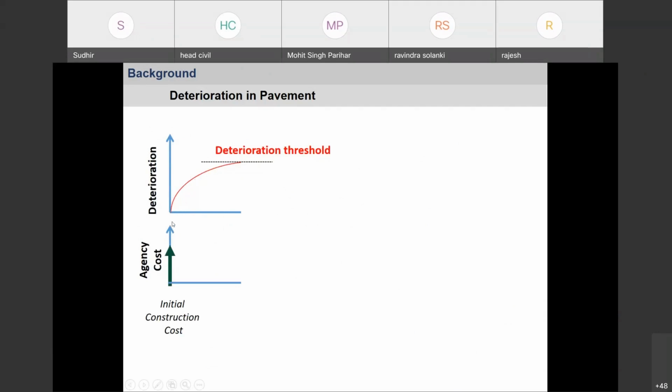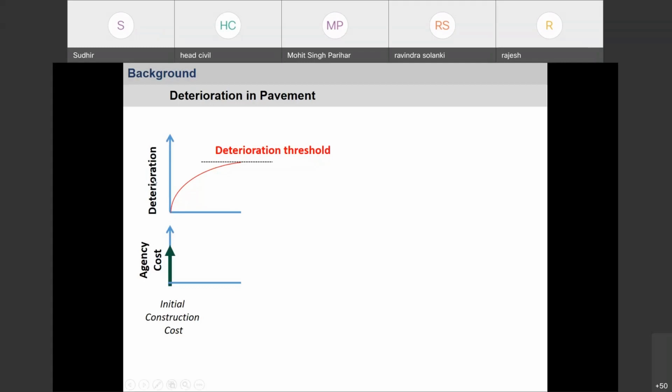In the beginning of this time period, we understand that deterioration will be insignificant or will be zero, because that was the beginning of the road opening to traffic, right?